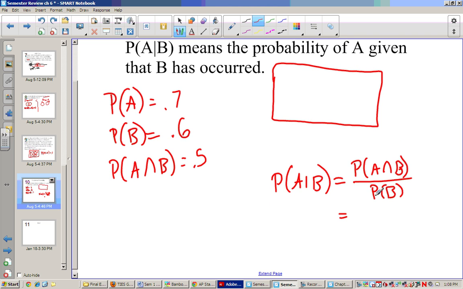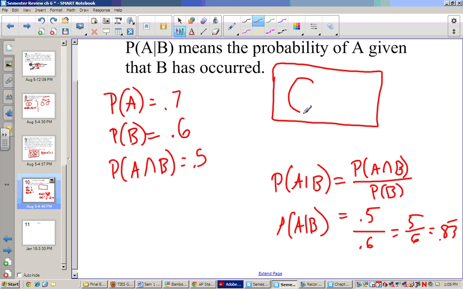So now, the probability of both of them is 0.5 over the probability of just B, which is 0.6. So that's A given B at a 5/6 chance, whatever that is, 83%. That's 0.83 repeating is the probability that that occurs.